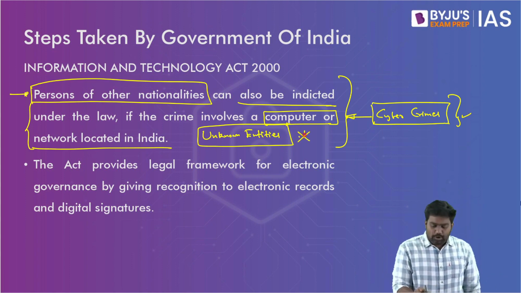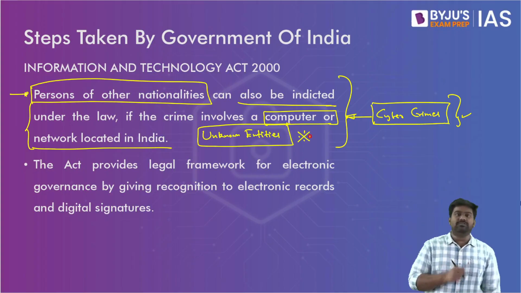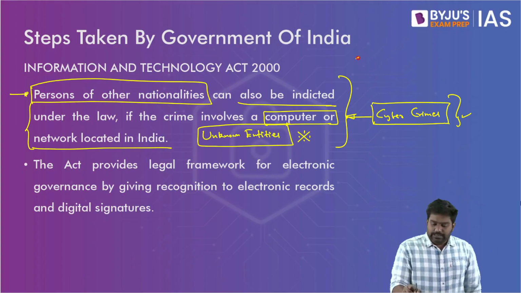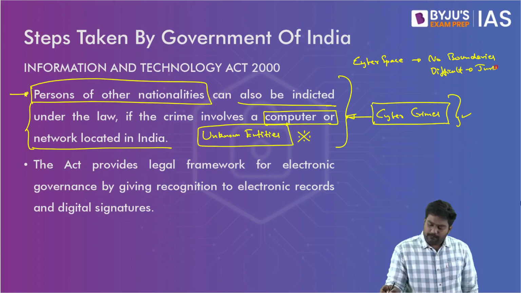Now, why is this important? Remember, in the last class, I told you one important feature about cyberspace. In cyberspace, there are no geographical boundaries. It is difficult to establish jurisdiction. And more importantly, your attacker can be completely anonymous.